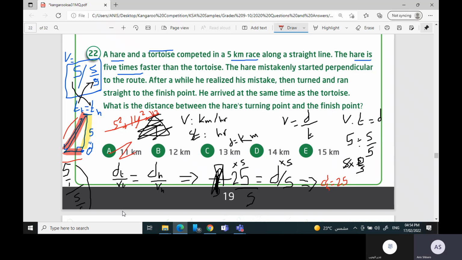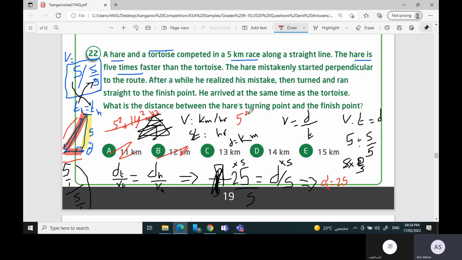Let's try 12. As you can see, with 12 we need 13. So this one is 13 equal to 12 power 2. No, it's a bigger value on this side, the same case as before. And here 13, we need 12. So if this one is 13, this one must be 12. I'm going to make power 2.